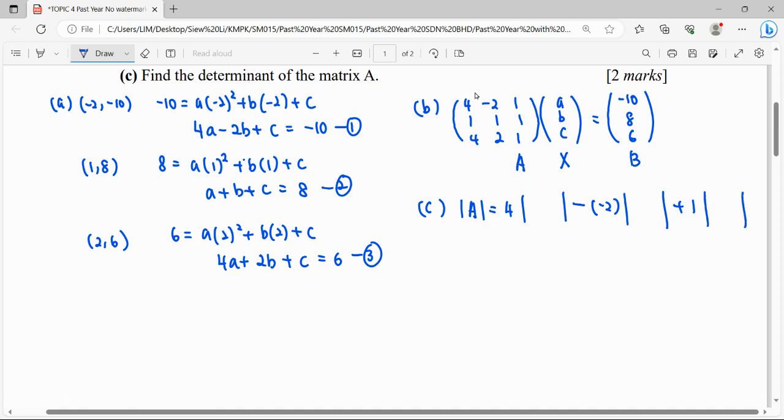So this is A11 minus A12 plus A13 with their minors.